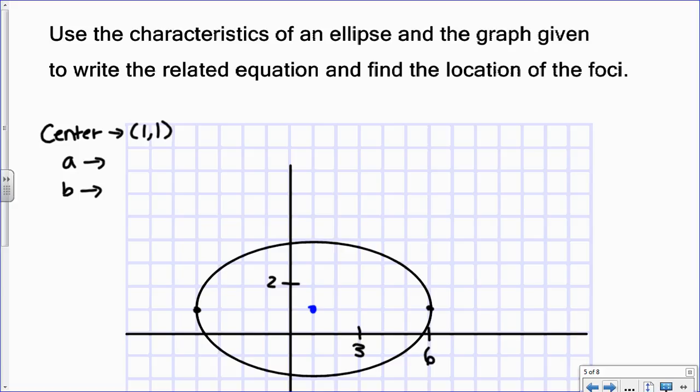So 1, 2, 3, 4, 5. Make sure it works on the other side. 1, 2, 3, 4, 5. Okay. B is your vertical distance. So 1, 2, 3. Okay, so we can go ahead and write the equation.